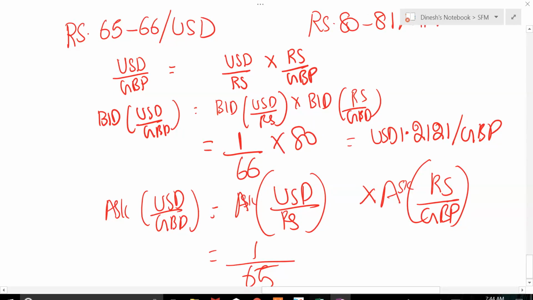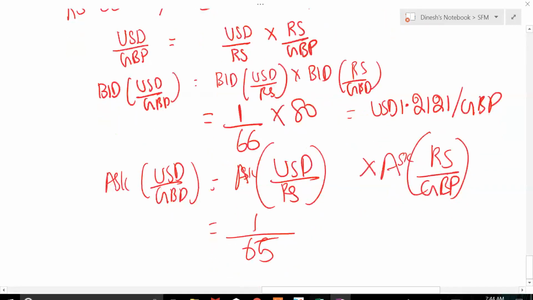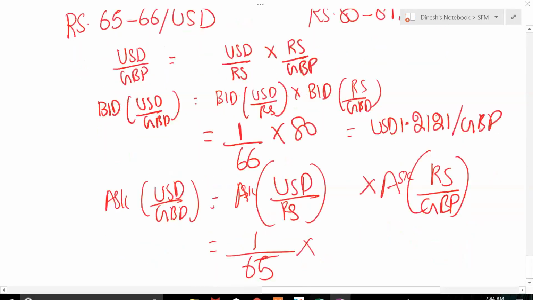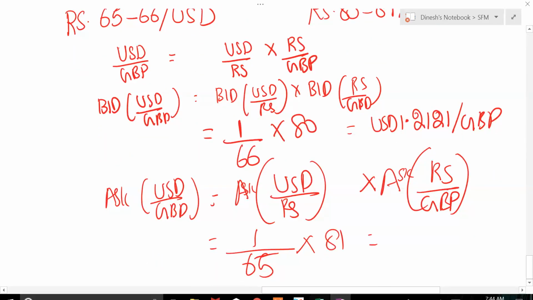I don't have the ask USD per rupee. If the quote is in the order in which you want, great. If it's not there, and you want bid rate, you will have to do the inverse of ask rate. If you want ask rate, you will have to do the inverse of bid rate. So 1 by 65 into what rate? Into 81. And this will give you the quote. Clear? Any doubts in this? So this is what it is all about.